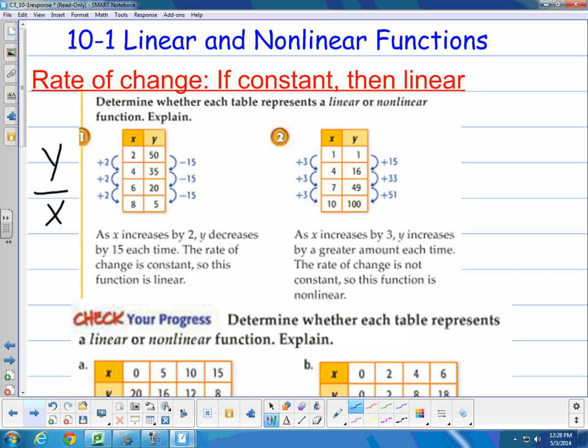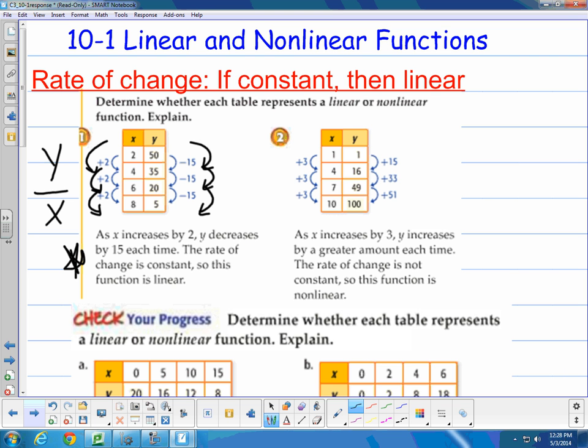So when we look at example 1, we see that the y value is going down every time by 15 as the x value is going up by 2 at the same time. So here we look at our description to tell us if this is linear or nonlinear based on the rate of change, the change in y over the change in x.